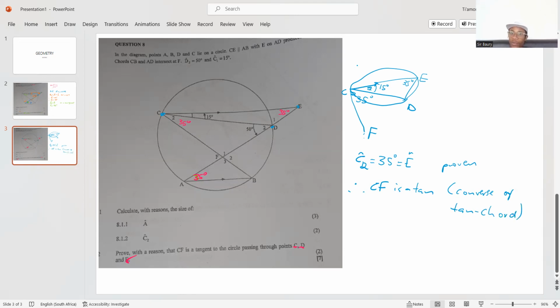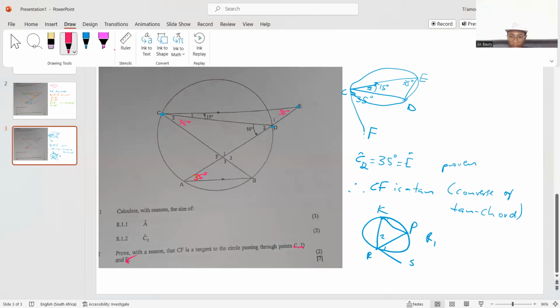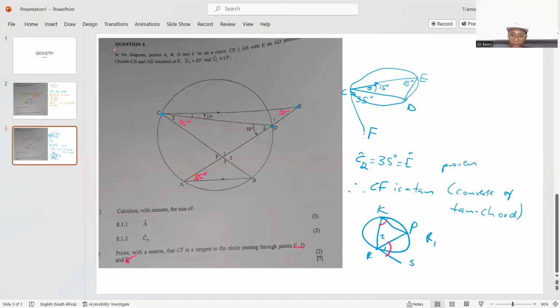Tan chord. You remember tan chord? If you have something like this, K, P, R, right? Then it's 1, 2. With tan chord, you know that this angle is going to be equal to this one.